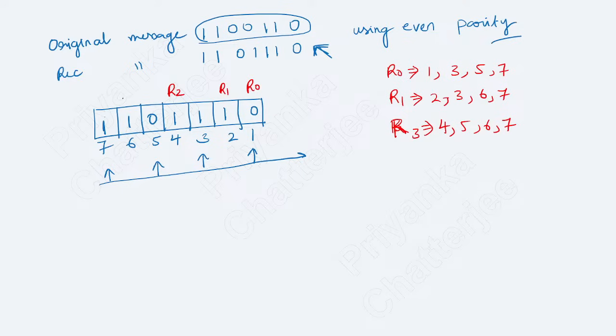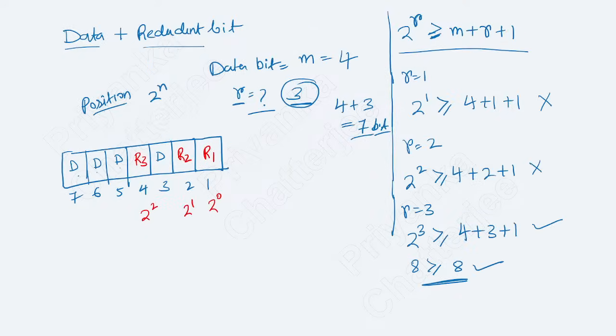So tell me, is this correct? First of all, the original bits, and before that, how to put the numbers, find it, then fill the rest. Confused about how to fill? I am telling you how to fill, the same way.